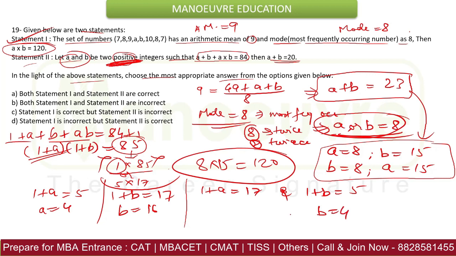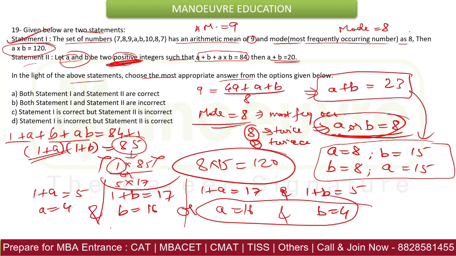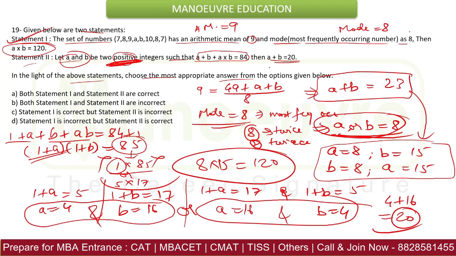So B will be equal to 4 and A will be equal to 16. But in both cases A plus B, that means 4 plus 16, will always be 20. So yes, even this statement is correct. So the second statement is also correct.